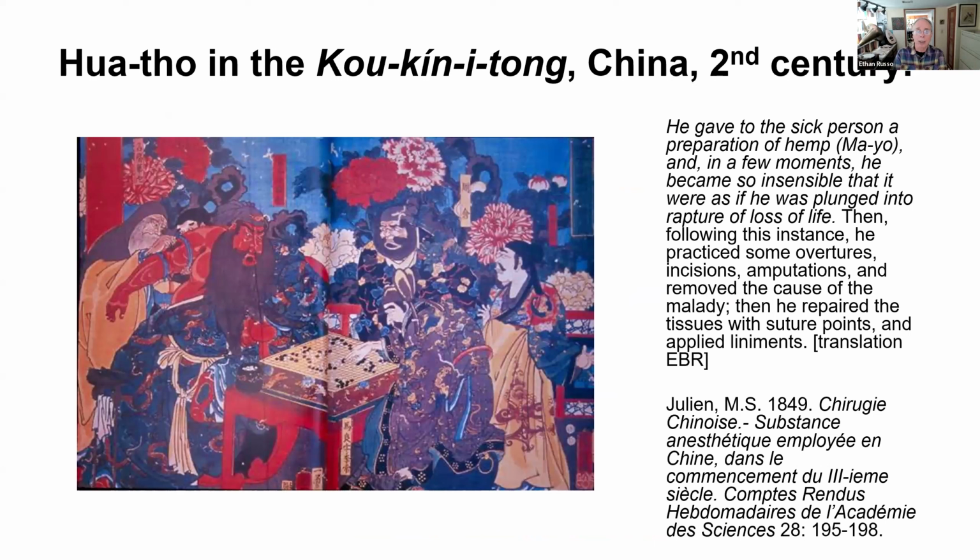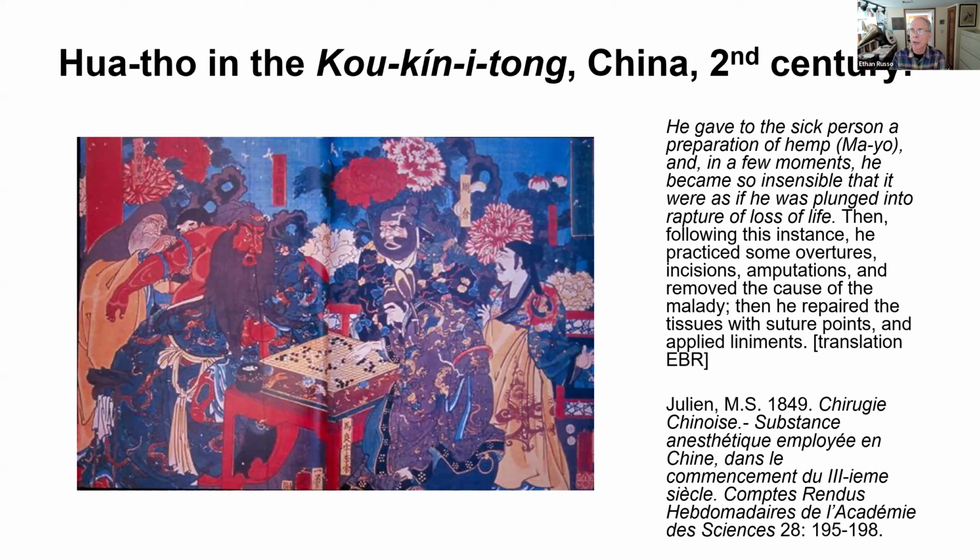Back to ancient China in the 2nd century, and we have a depiction of this story here of this fellow getting surgery done on his arm while playing Go. But in this document from the French literature in the 19th century, referring to 2nd century events, he gave to the sick person a preparation of hemp, mayo, and in a few moments he became so insensible that it was as if he was plunged into the rapture of loss of life.